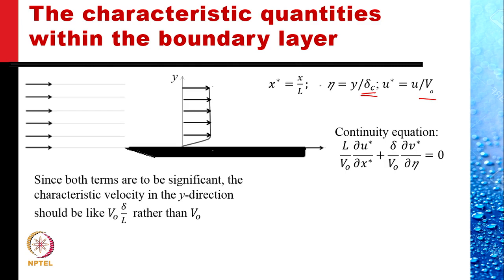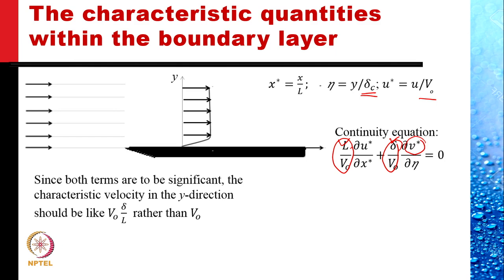Since both the terms are to be significant, the characteristic velocity in the y direction should be like V naught delta by L rather than V naught. Since L and delta are different, these two coordinates would be different if this had been normalized properly.